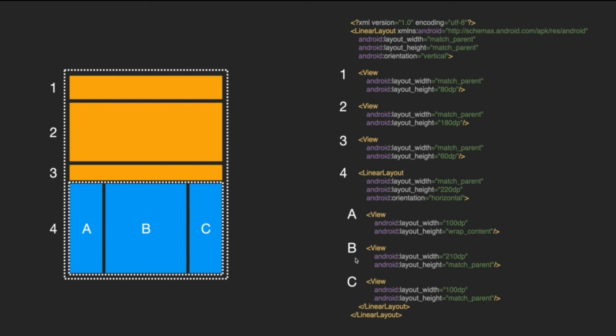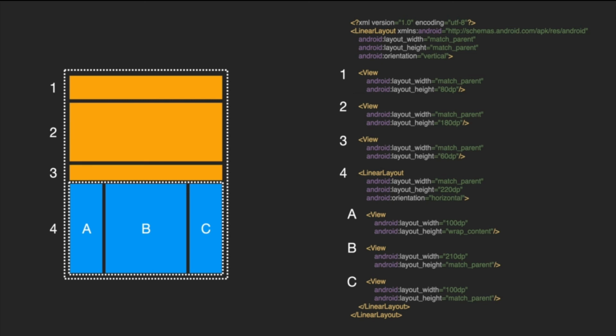And A, B, and C are the children of the fourth child. So this means A, B, and C are grandchildren of the outmost linear layout. These are the children and these are the grandchildren, because 4 is also a child of the linear layout.